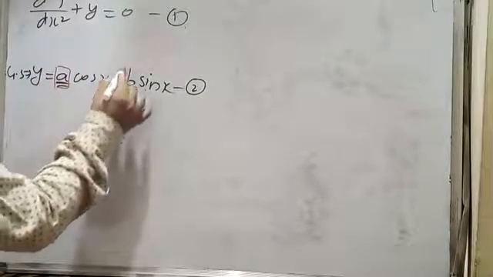Now, what do you mean by general solution and particular solution? The general solution is this one. Then what does a particular solution mean? If you substitute particular values for these arbitrary constants, that is, the values of a and b in this solution, then it will become a particular solution.